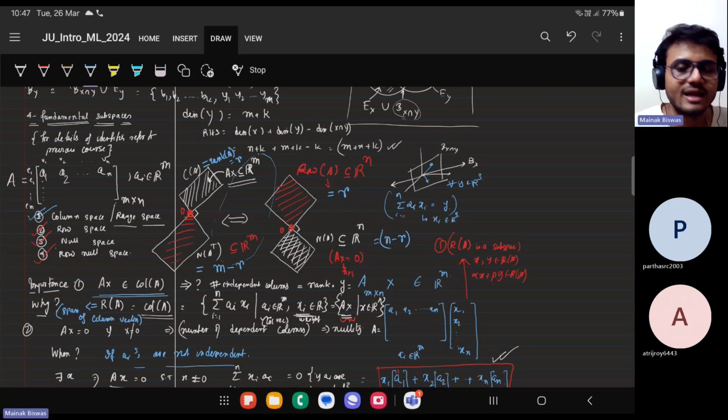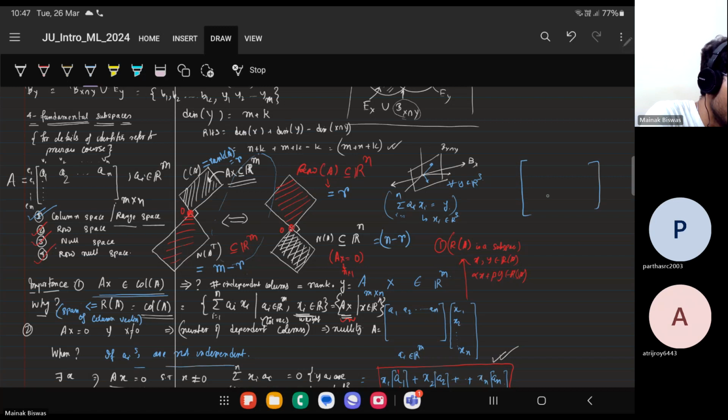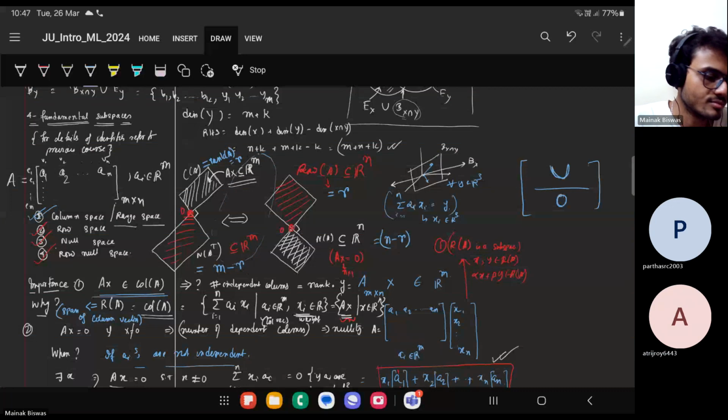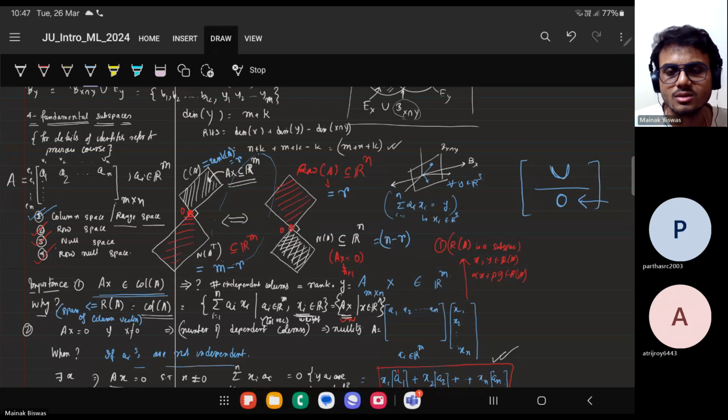So they are spanning the entire space because why? Why is it spanning the entire space of M? Because this will be the dimension. When we did row reduced echelon form, we had zeros at the bottom, yes or no?